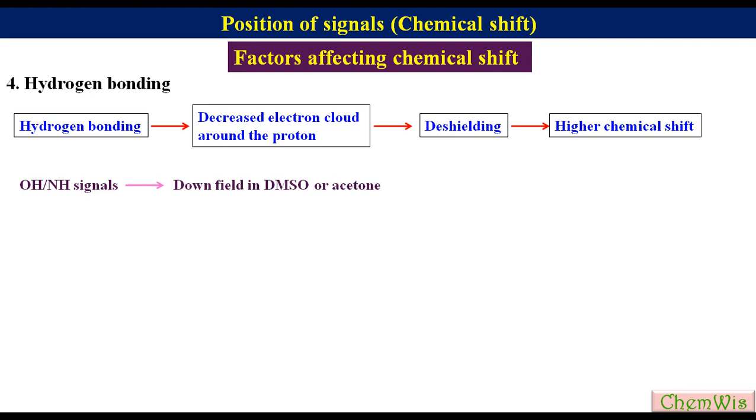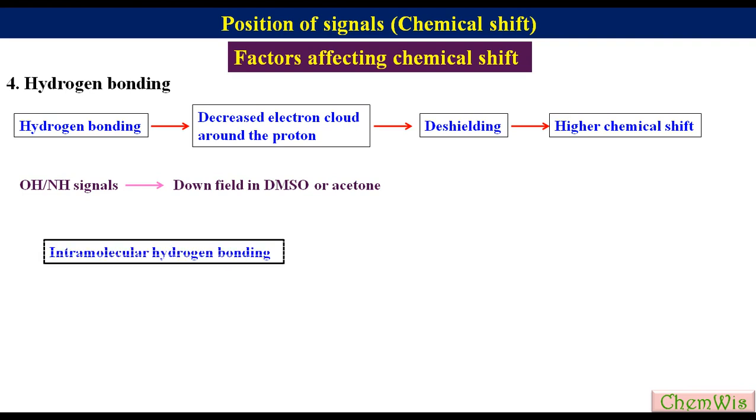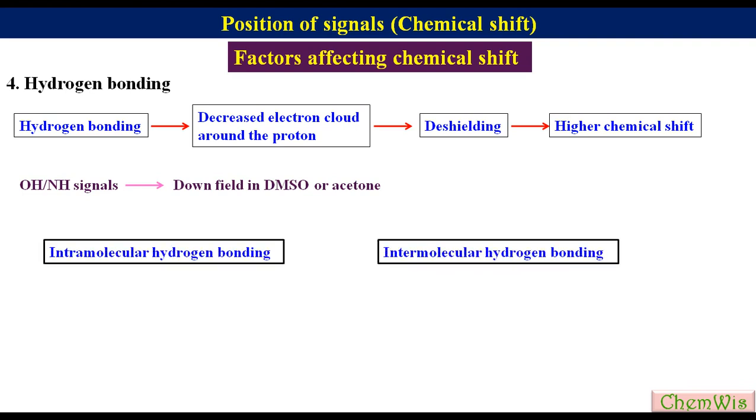We can distinguish between intramolecular and intermolecular hydrogen bonding using proton NMR. For this, NMR spectrum is recorded in solvents like CCl4, CDCl3, C6D6, etc. that are not capable of forming hydrogen bond with the compound at different concentrations. Dilution doesn't have any effect on intramolecular hydrogen bonding.